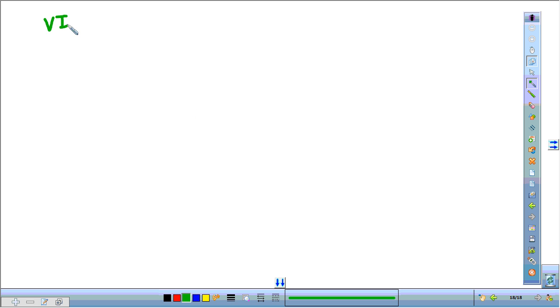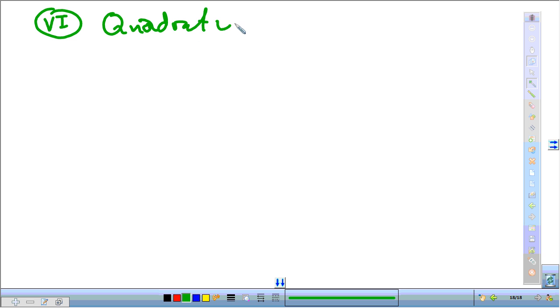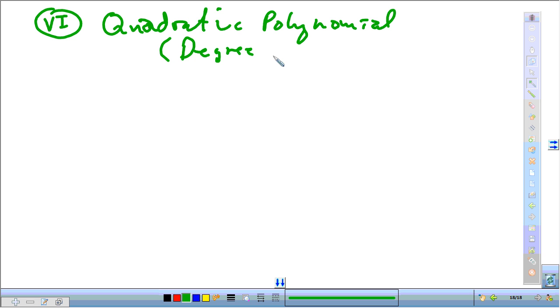Now, let's look at some quadratic polynomials, which means degree 2.